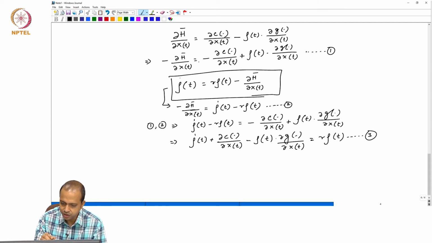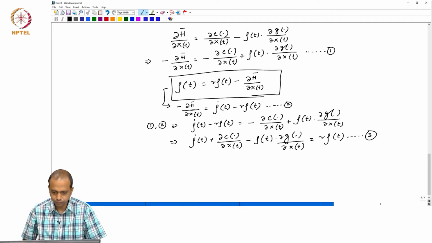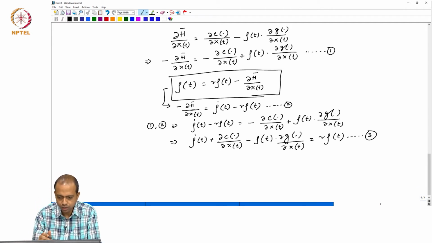This is this. So, this should be equals to minus of this. So, rho dot t minus rho dot t equals to r into rho t minus del h is equals to this.